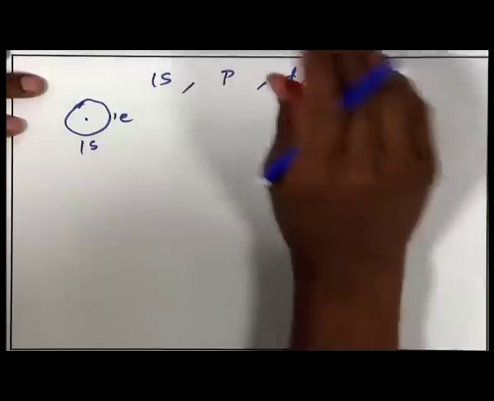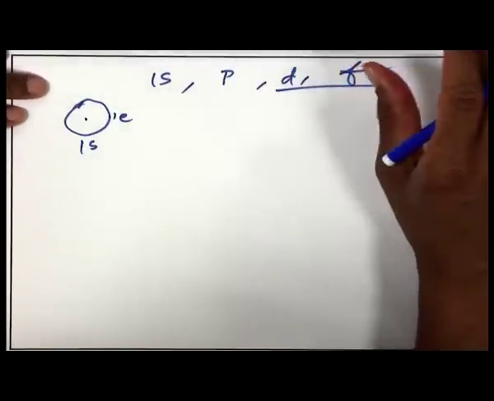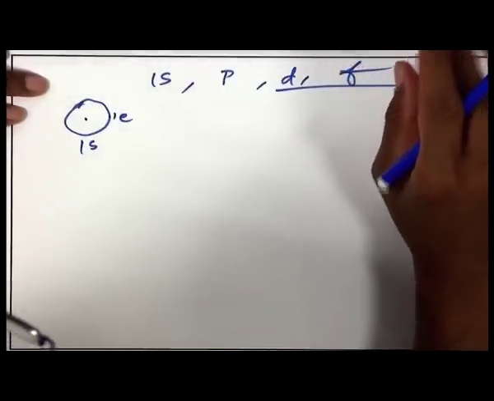Actually, an orbital is a region around the nucleus where the probability of finding the electron is very high. So in an orbital, the probability of finding the electron in that region is greatest.